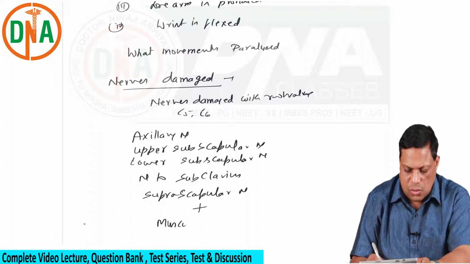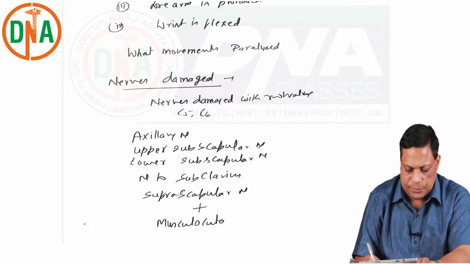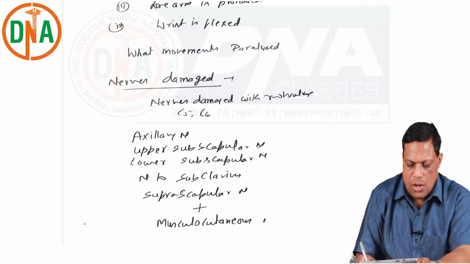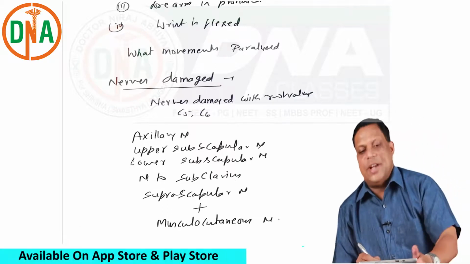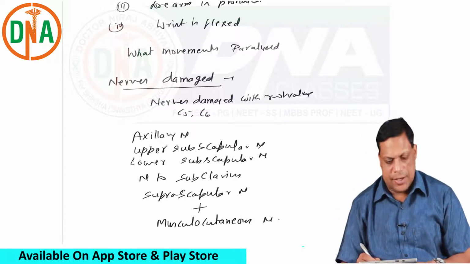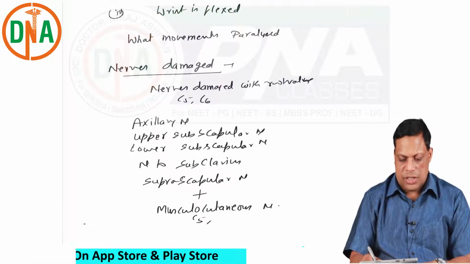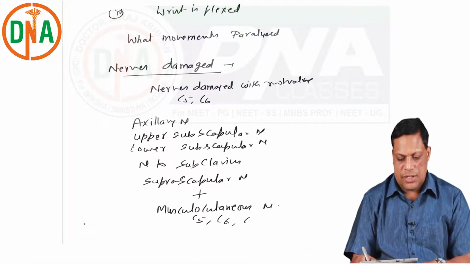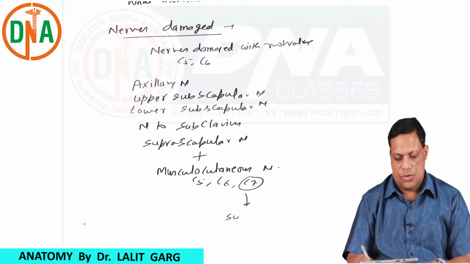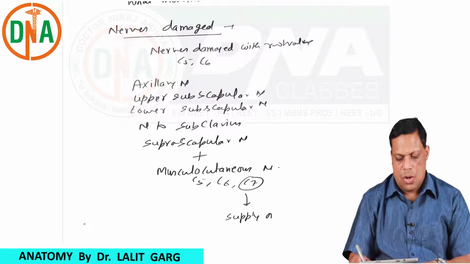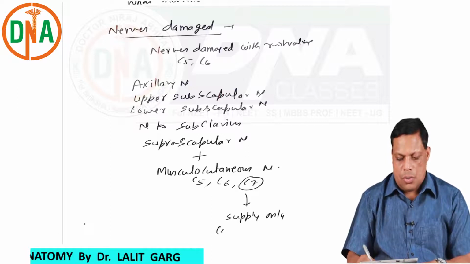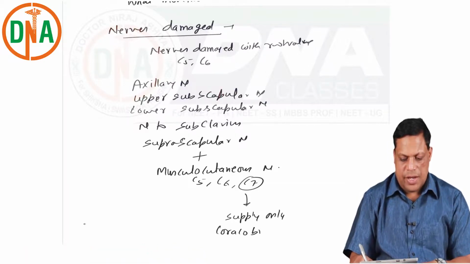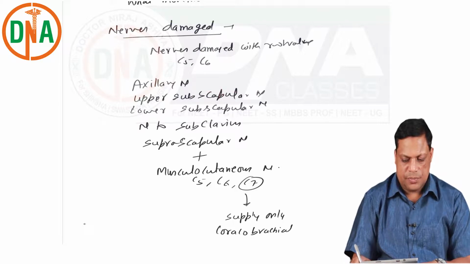So all these nerves which have the root value C5, C6, they are damaged, plus one more nerve, that is the musculocutaneous nerve. Musculocutaneous nerve is also damaged in Erb's palsy. Why? Because musculocutaneous nerve has the root value C5, C6, C7. But these C7 fibers supply only the coracobrachialis muscle.